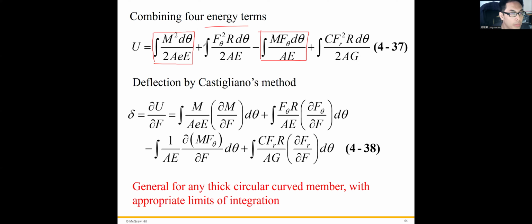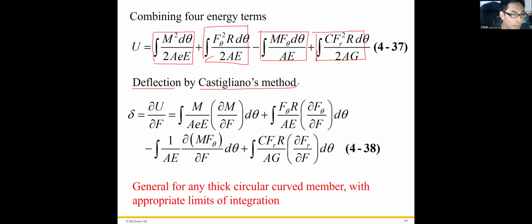So we have four terms, and then we can evaluate the deflection by the Castigliano theory method.